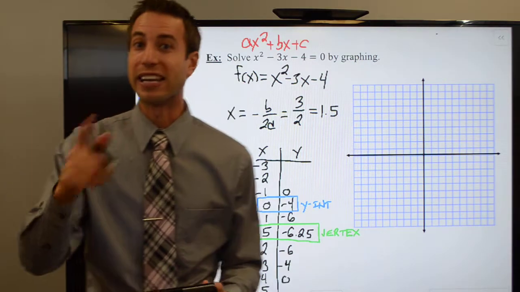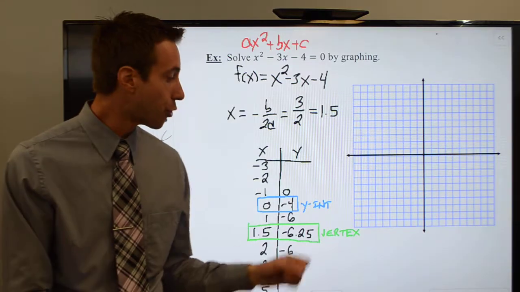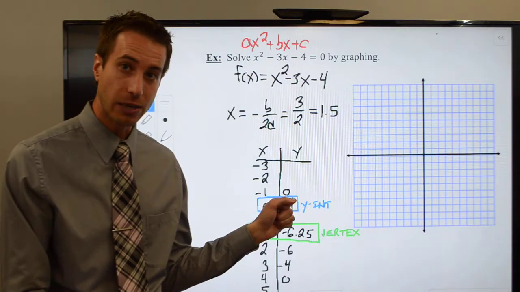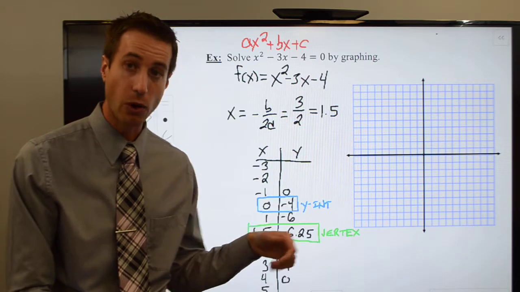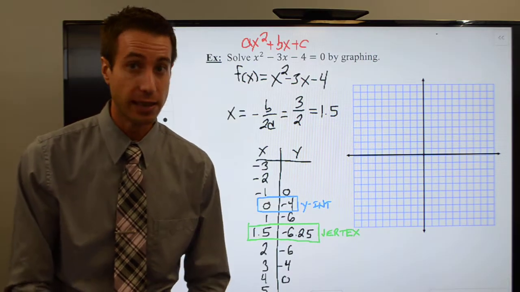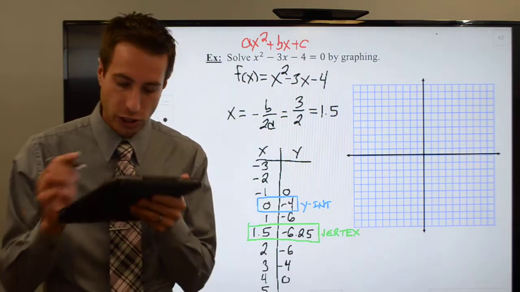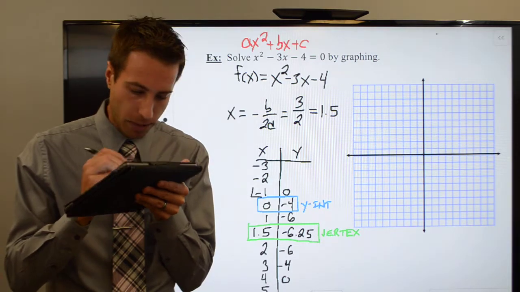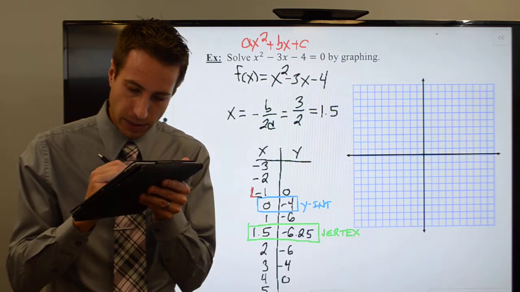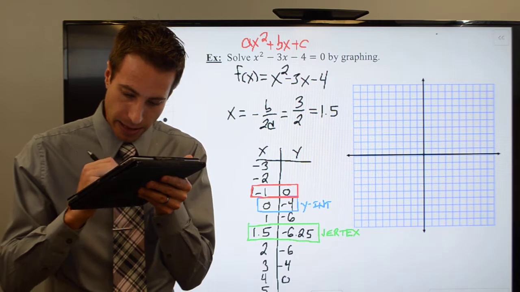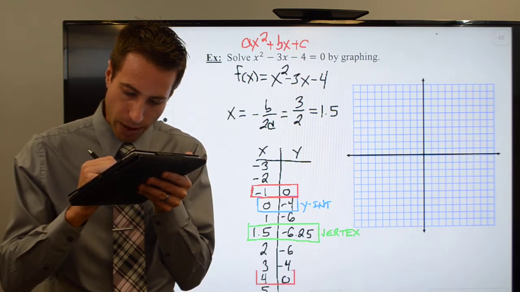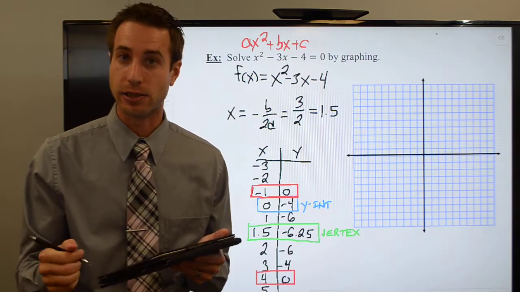0. Well, here's what's interesting, right? Whenever the y value is 0, when y is 0, you are crossing the x-axis. So we just found them. This guy right here and this guy right here represent my x-intercepts, right?